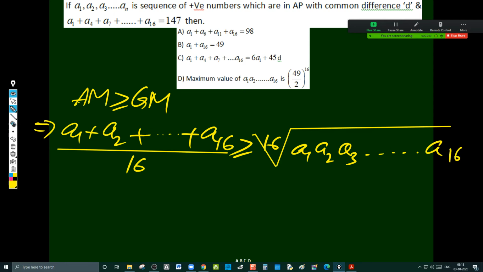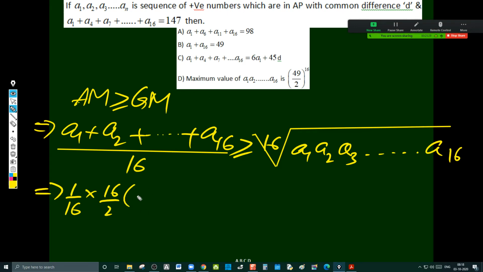This is a summation, 1 by 16, keep it aside, and the sum of n terms of AP is n by 2 into first term plus last term.